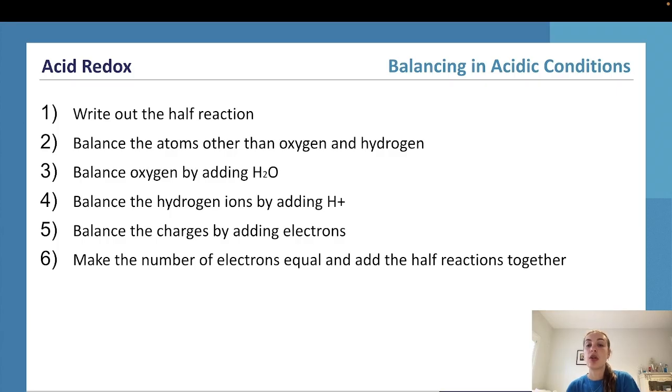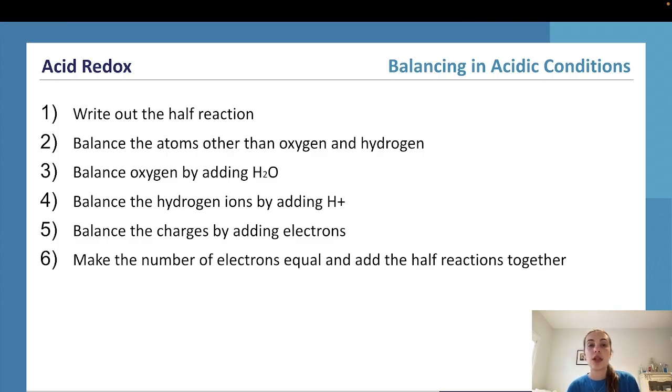Often you'll notice when you do that, you might have 4H2O plus 3H2O plus whatever other compounds, or 5H+ plus 7H+, and then all your other compounds. In that case, you can consolidate those. If you have 5H+ plus 7H+ on one side, you can add those together and simplify it to 12H+.